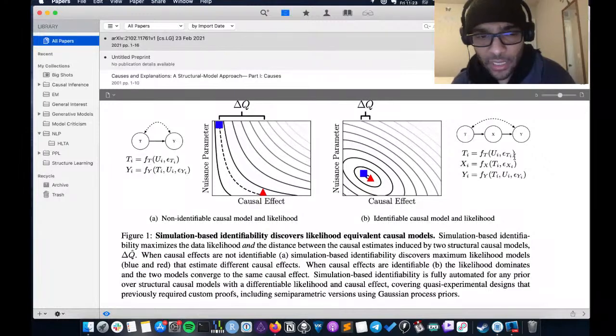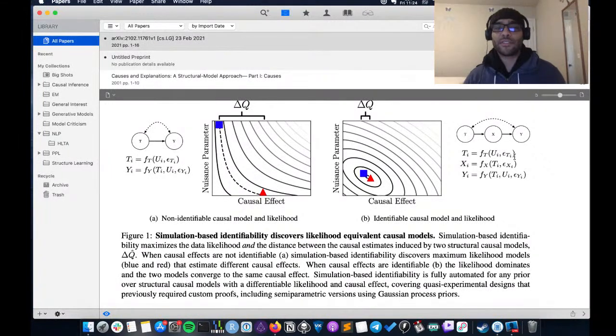And when identifiable, likelihood dominates, they converge. So all you need to start is a prior and a causal effect. But it's interesting that it covers quasi-experimental designs that previously required custom proofs, including semi-parametric versions using Gaussian process priors.